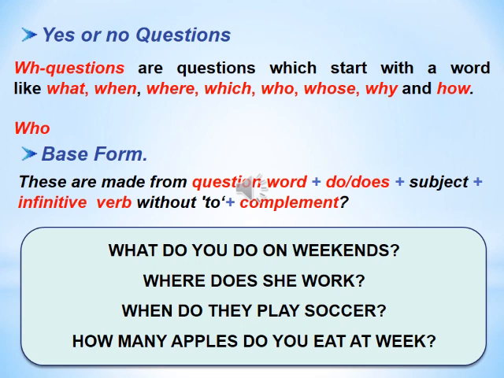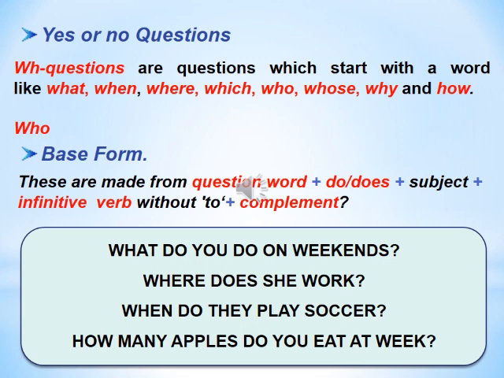The base form of these questions is first the question word plus the auxiliary do or does depending on the subject pronoun plus the subject plus the infinitive verb plus complement. You can see 1, 2, 3, 4 questions in this worksheet.